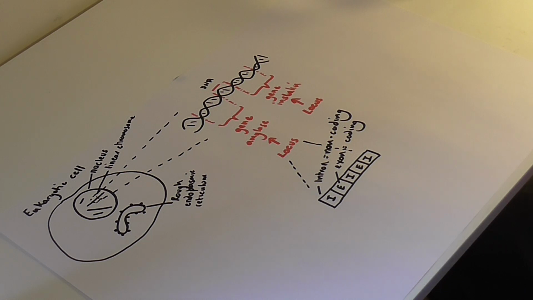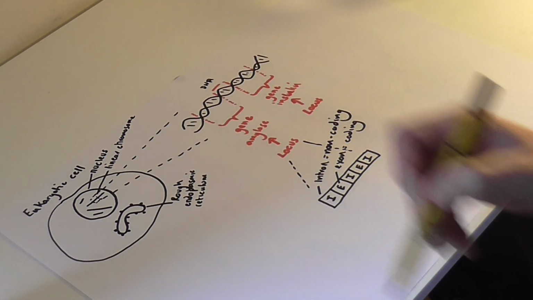Transcription takes the genetic code in the form of DNA and converts it into RNA, specifically messenger RNA. One of the differences between DNA and RNA is that RNA is smaller. An RNA molecule is just a single polynucleotide strand, so it can move out of the nuclear pores and make its way to the ribosome.